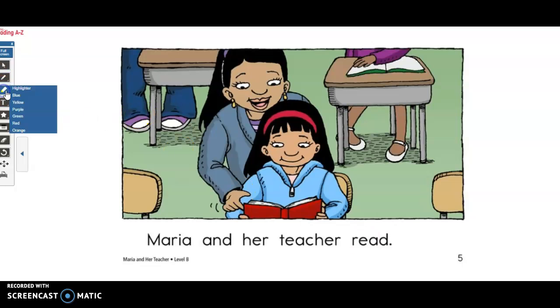Let's put a dot for every word. Maria and her teacher read a book? Does this make sense? No, right? Because there's only one word here, not 1, 2, 3 words. So I'm going to erase that. That can't be.